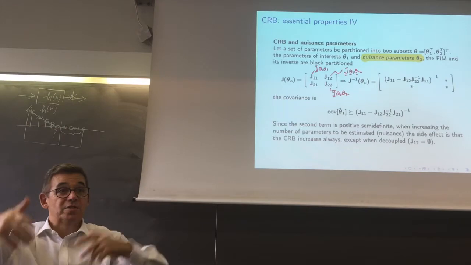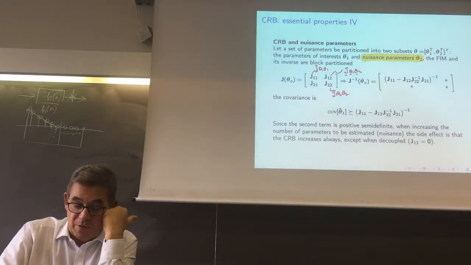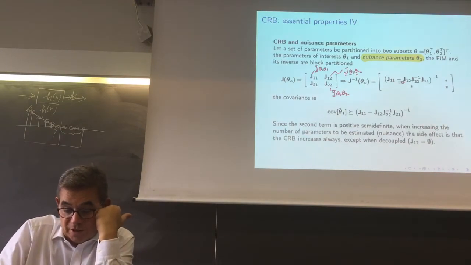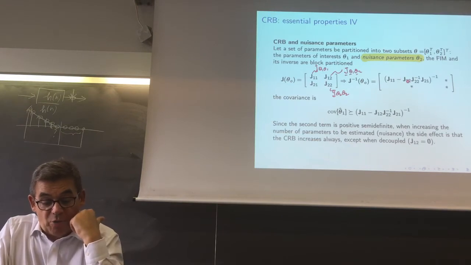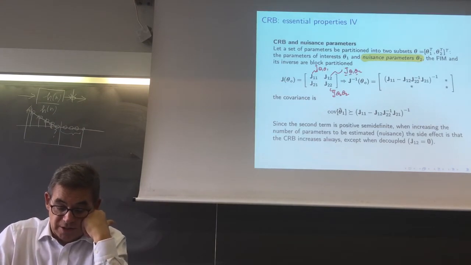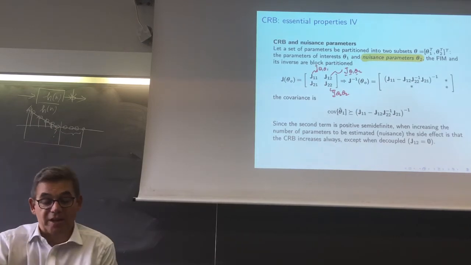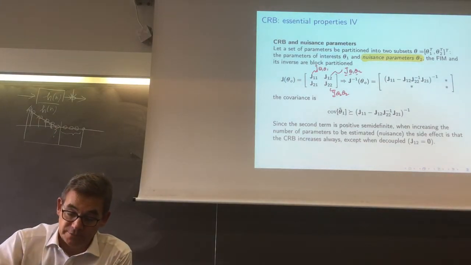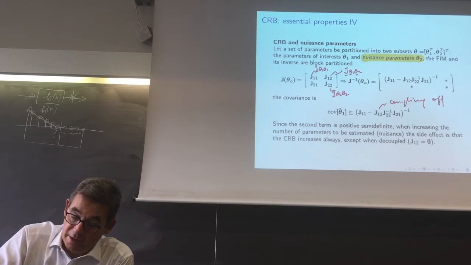Since I calculate the inverse of that term, this new Cramer-Rao bound is larger than the Cramer-Rao bound I would have if J12 or J21 were 0. So the Cramer-Rao bound is affected by the coupling effect. This is how the coupling affects the Cramer-Rao bound.